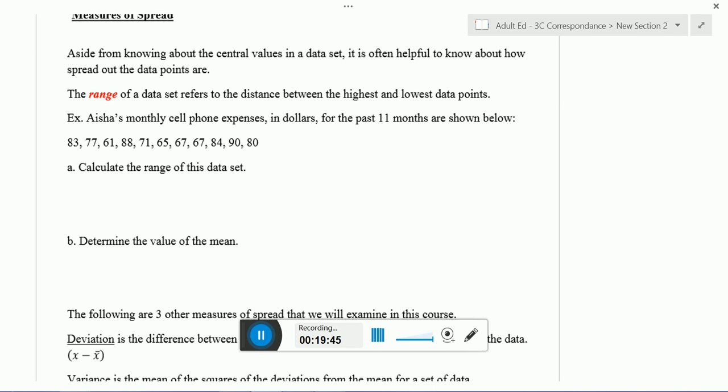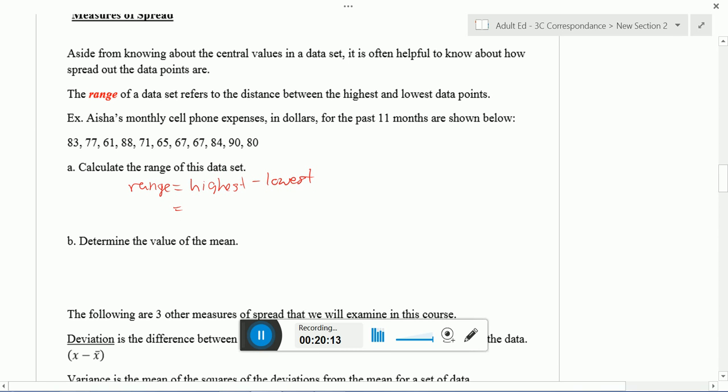So the first and the simplest measure of spread that we're going to look at is range. Range is the distance between your highest point and your lowest point. So if Aisha has 11 monthly cell phone expenses and they're given to us in dollars, again, the range for the data is range equals highest minus lowest.